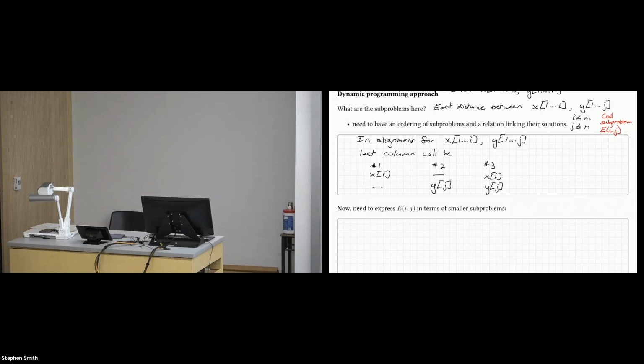And then this is the last column. In the second one, what remains after I do that last column is all of x from 1 to i aligned with y from 1 to j minus 1.